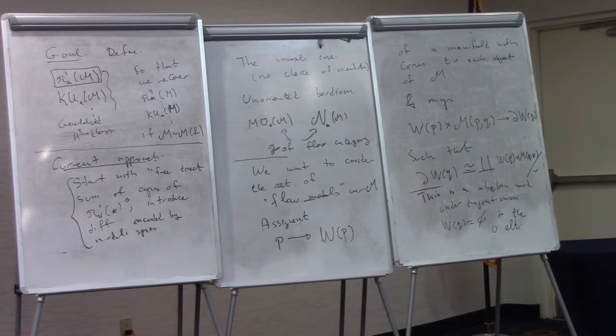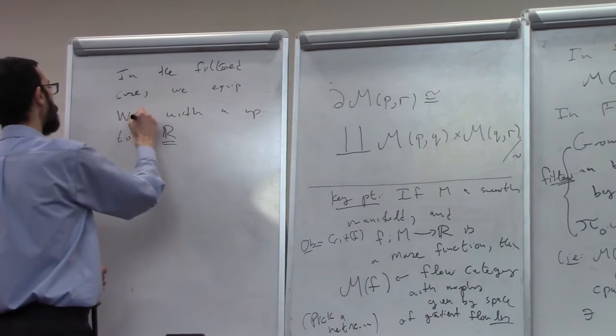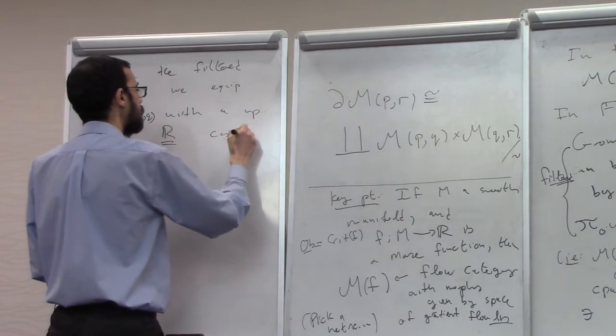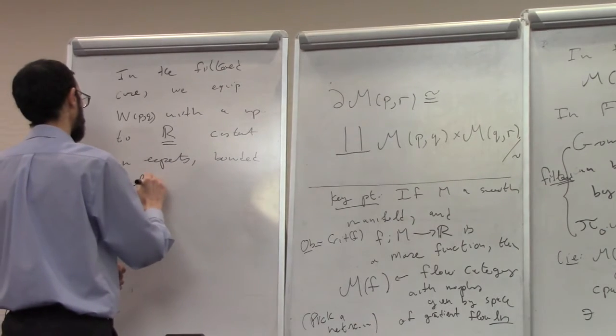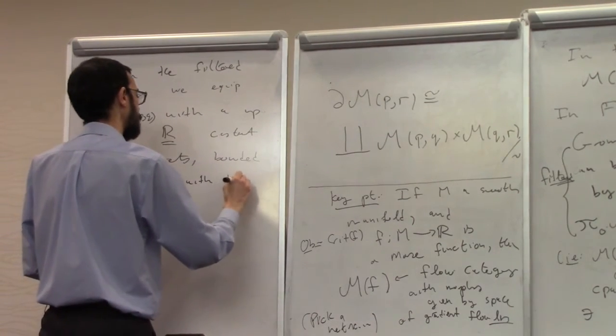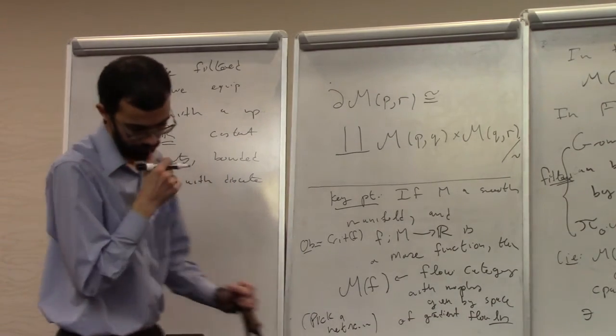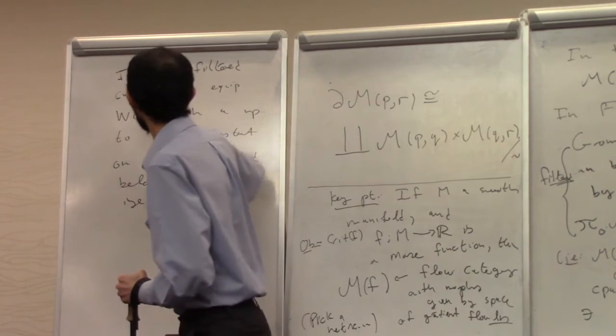So in the filtered case, we equip W with a map to R. I don't want to map it to lambda, I don't want to map it to zero infinity, I want to map it to R. I want this map to be constant on components, bounded below, and with discrete image.